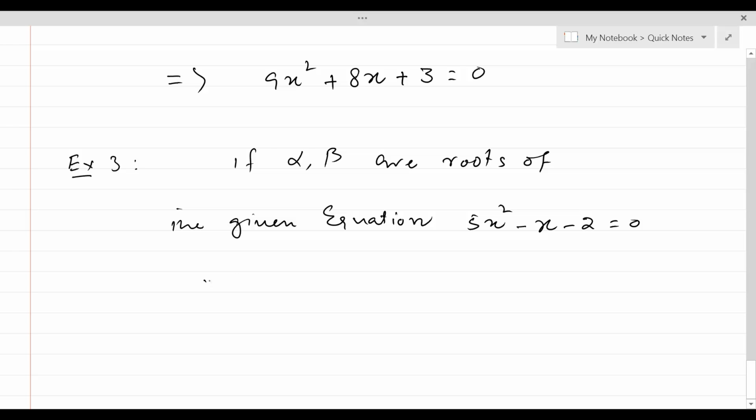This means for alpha plus beta, the sum of roots, a here is equal to 5, b is equal to minus 1, c is equal to minus 2.